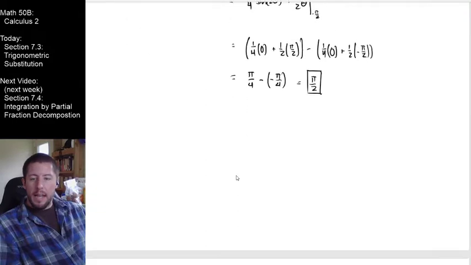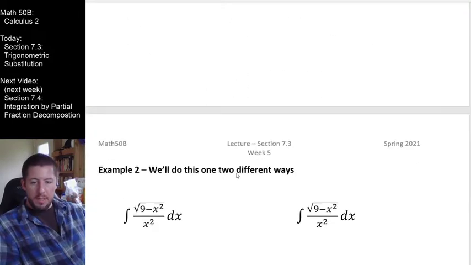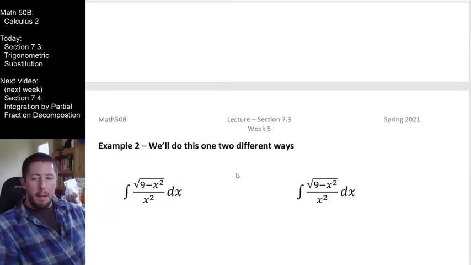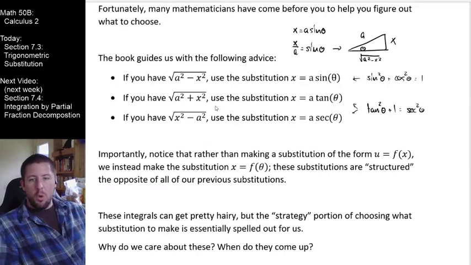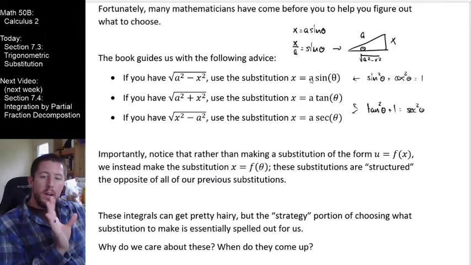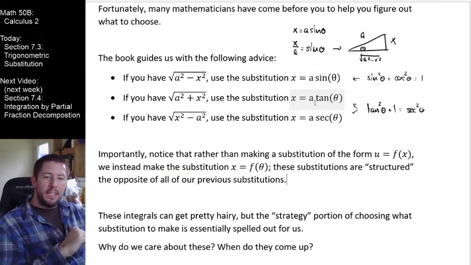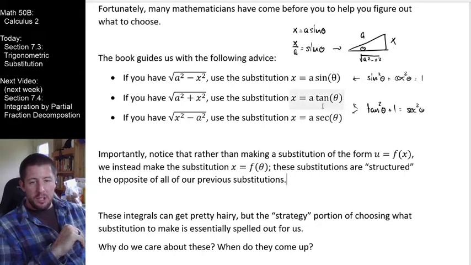So let's go ahead and take a look at our next example here. So for example 2, the important thing about today is I'm not so worried about showing you one sine substitution, one tangent substitution, one secant substitution. I am highly confident that just as you are capable of using this Pythagorean identity, you are equally capable of using this Pythagorean identity.